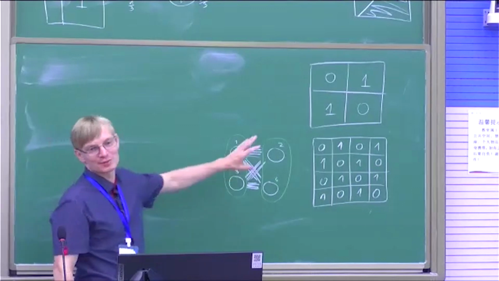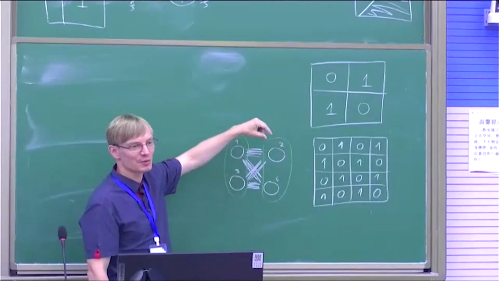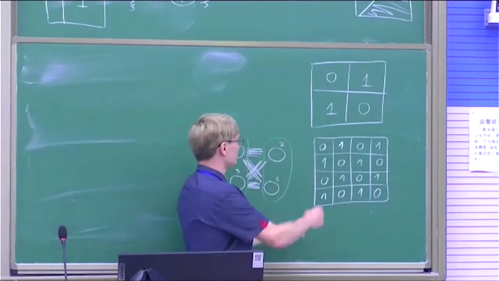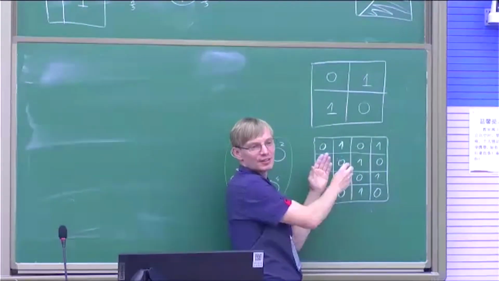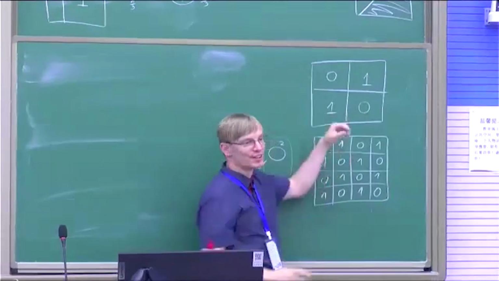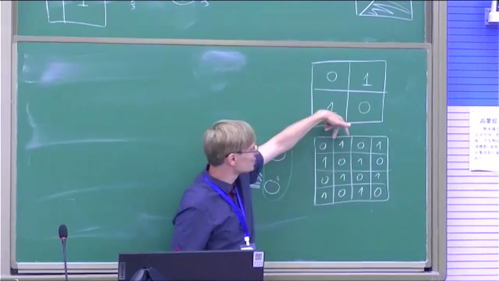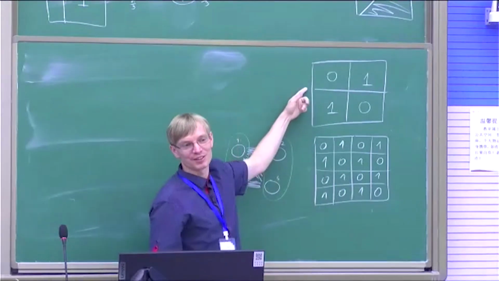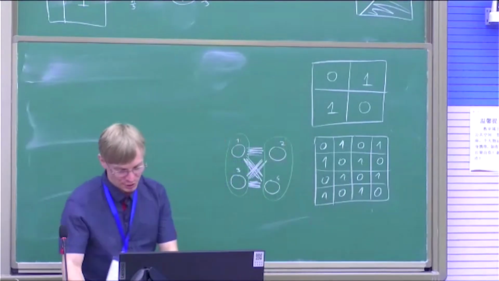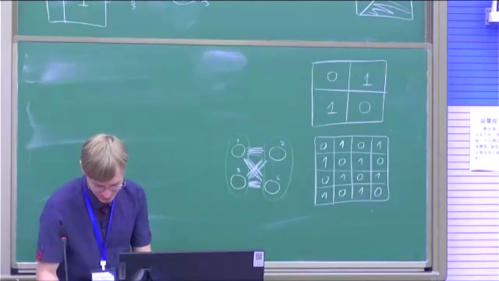But they are somehow similar. If you think about it, this is just reshuffling the vertices, like permuting the vertices of a graph. If I exchange this group with this group, similarly here, I will obtain this thing. And it's clear that this can be done in general.